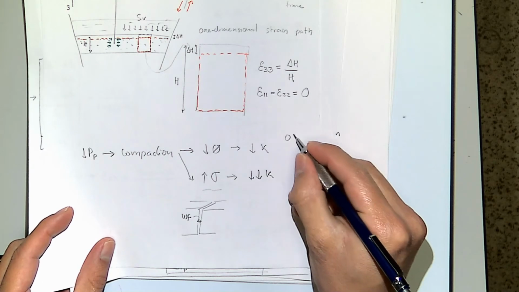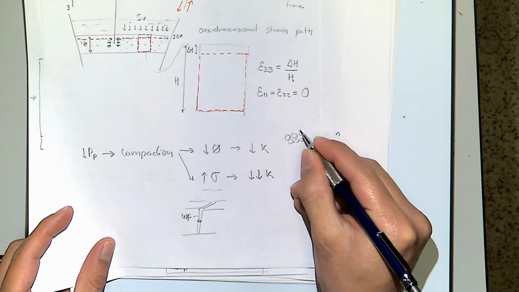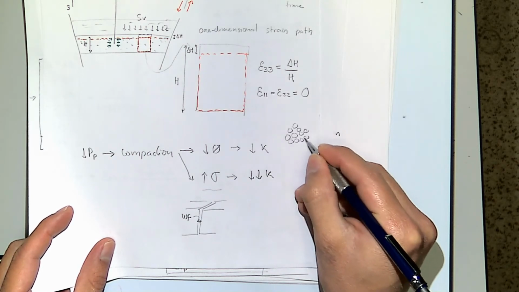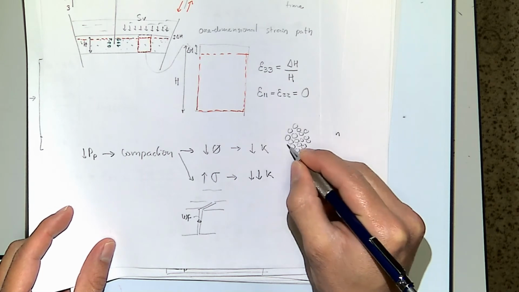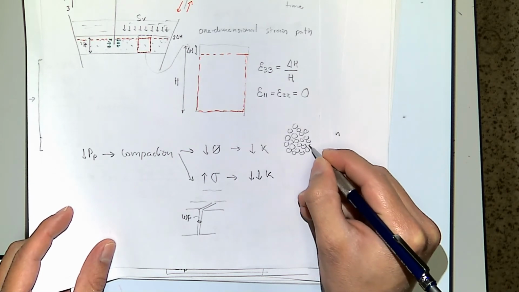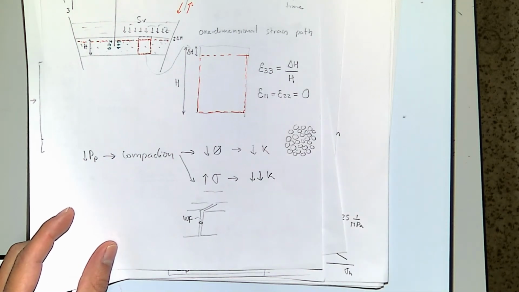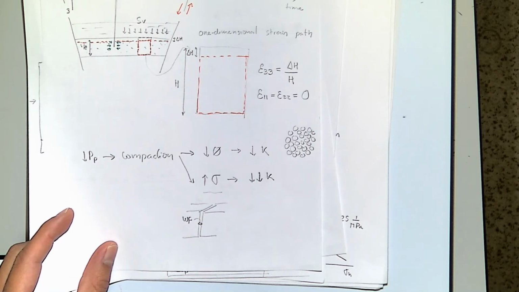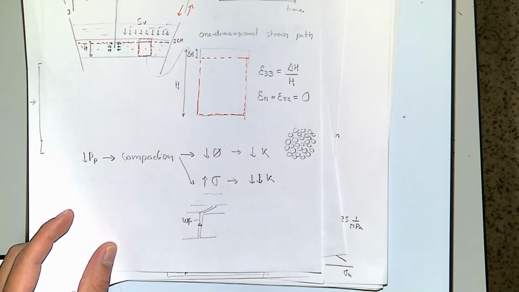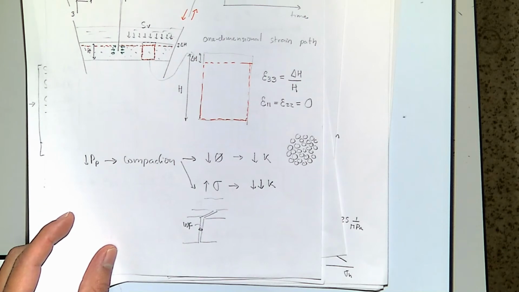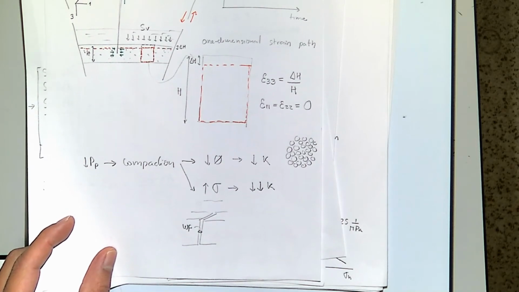For example, if you had a porous medium like a sandstone, where your permeability is mostly made out of pores, do you remember what permeability is proportional to in a porous medium with pores of a given size? No?